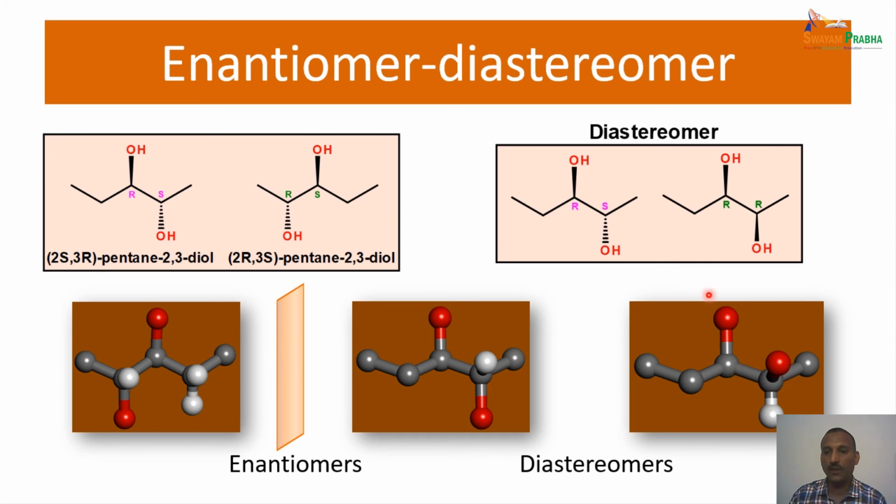In other words, to have a diastereomer, we need at least two stereogenic centers in a compound. Enantiomers can be formed even with a single chiral center, but for diastereomers to appear, we do need two stereogenic centers.